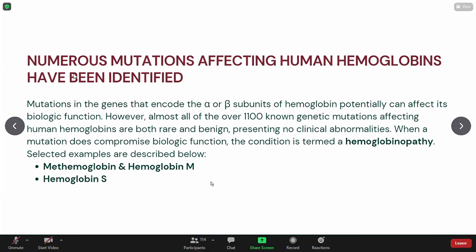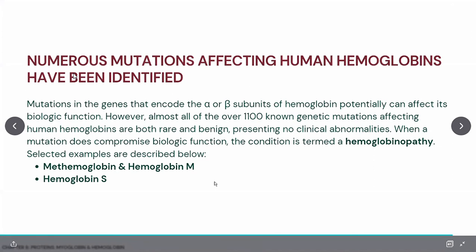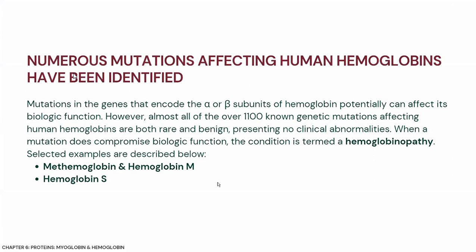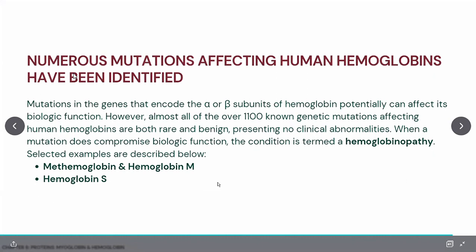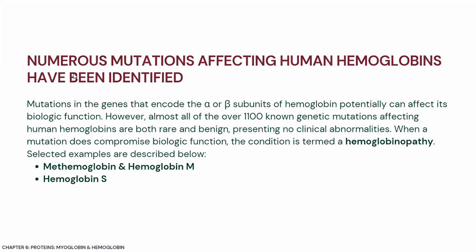That's supposed to be glutamic acid. Number 6 amino acid on the beta subunit is being replaced by valine. And there's a big difference between these two. Glutamic acid is polar. Valine is non-polar. So it changes the surface of the globin portion of your hemoglobin.